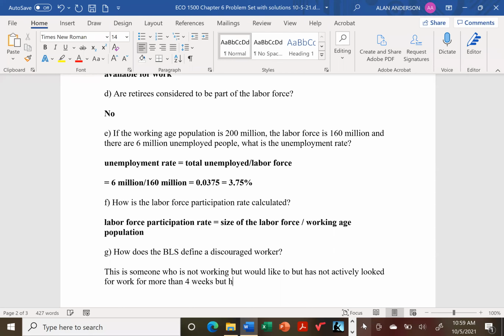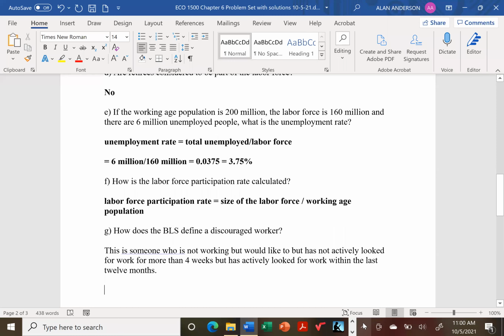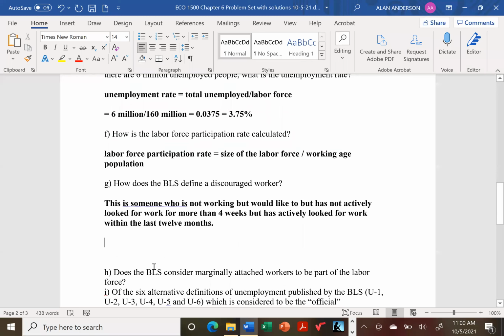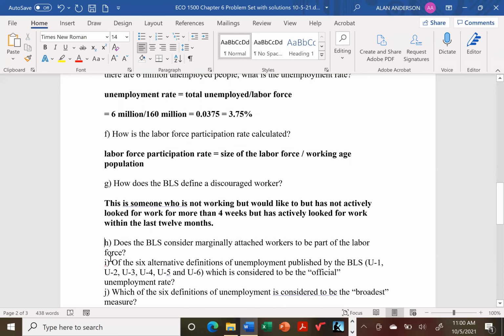Oh, but has actively looked for work within the last 12 months. I guess after that, if you haven't looked for work in more than 12 months, they figure there's some reason why you're not serious about looking for work. Okay, maybe you build a cabin in the woods and you're living out there or something. That's just too far ahead.